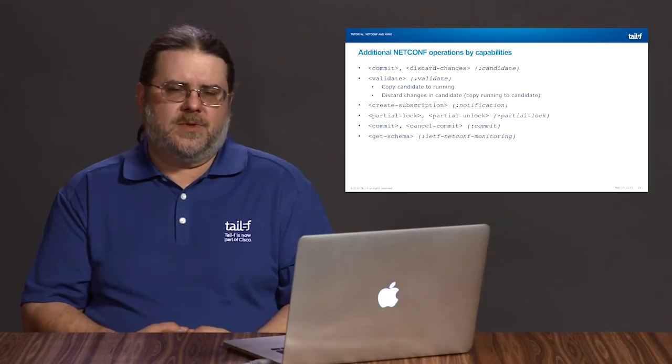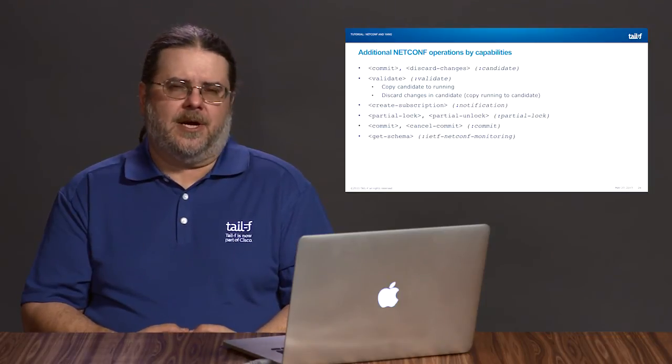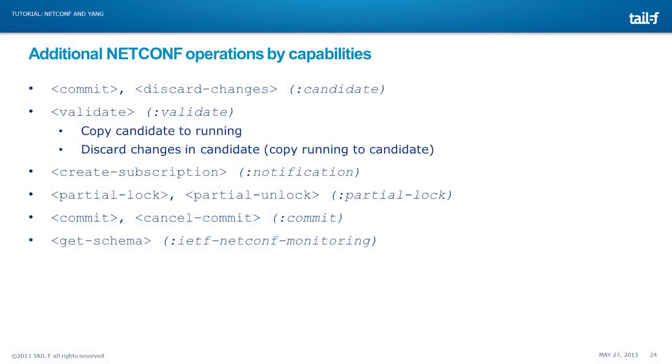So that takes us through the core base operations of the NETCONF protocol, typical operations that any NETCONF server in a NETCONF-enabled network device would support. There are also optional NETCONF operations that are available.